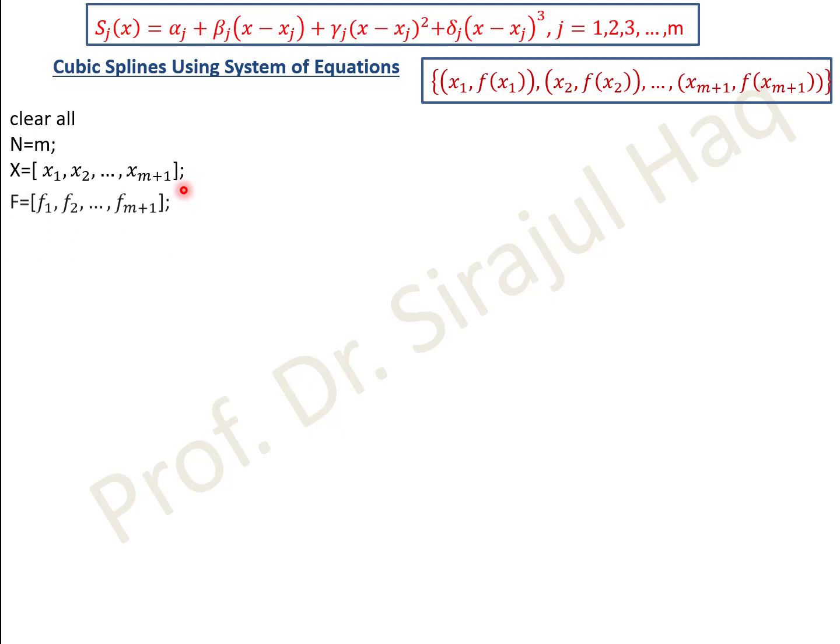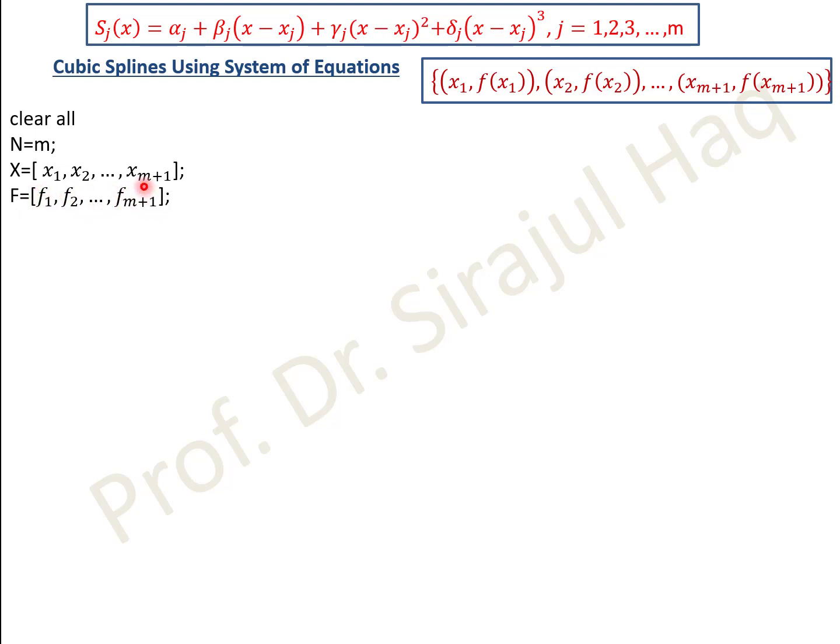Similarly, I defined another vector which I represented by f. By f I mean the vector containing the components f of x1, f of x2, up to f of xm. I just denoted that by f1, f2, f3. These are the numbers you have to feed.